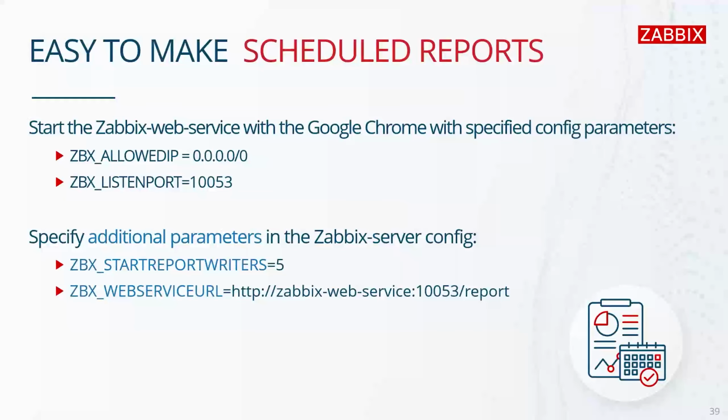You can also easily make scheduled reports. For this one, you will have to start a Zabbix web service with 2 environment variables. First is allowed IP addresses that you will allow to connect to this service. In my case, I have specified that all of them are allowed, so not a very secure thing. And you also have to specify the listen port.